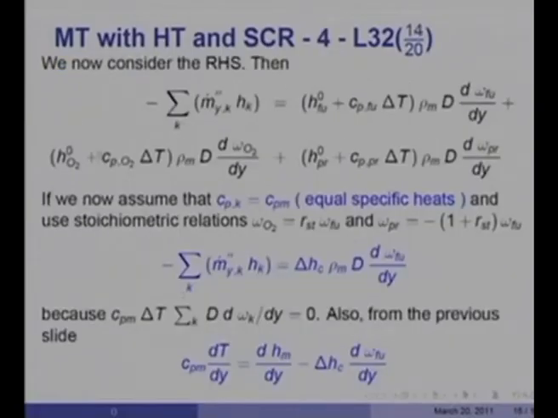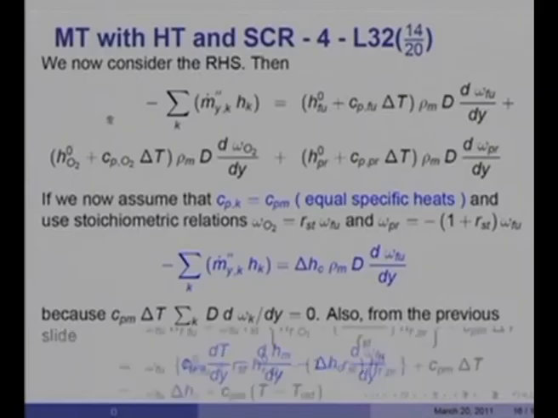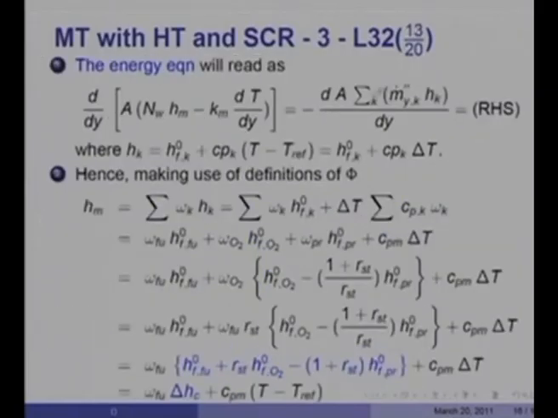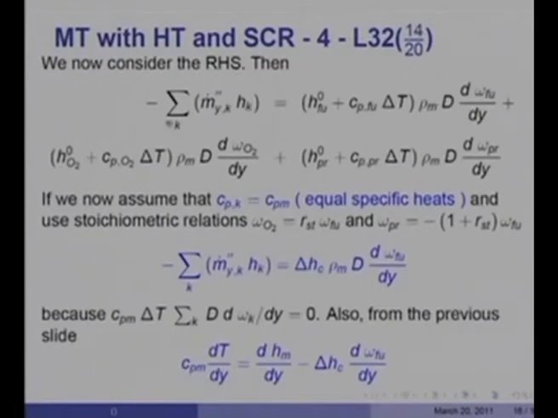But now, let us consider the right hand side, which is minus d by dy of A sigma k m_k y_k h_k. So, here summation of k m double prime y_k h_k would be simply H naught Fu Cp Fu delta T into the expression for my Fu, plus the same quantity for oxygen and the same quantity for product. Now, we make an important assumption, which is always made.